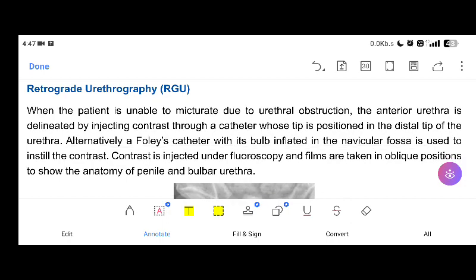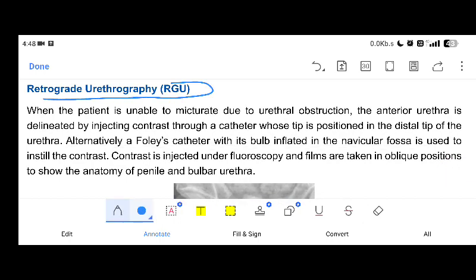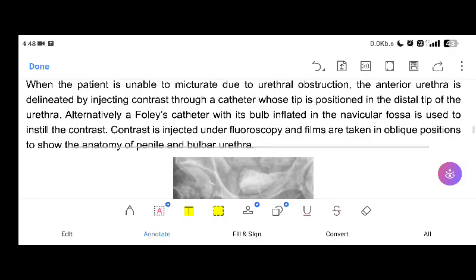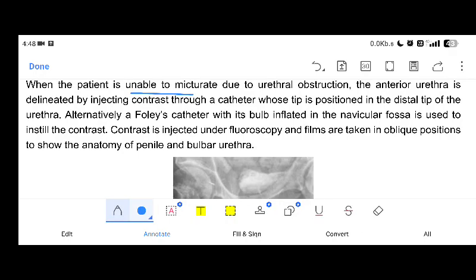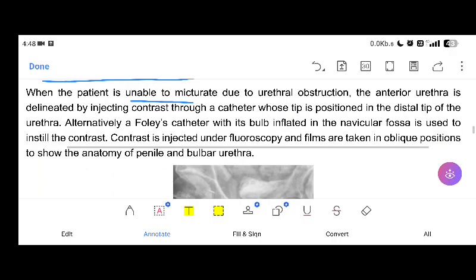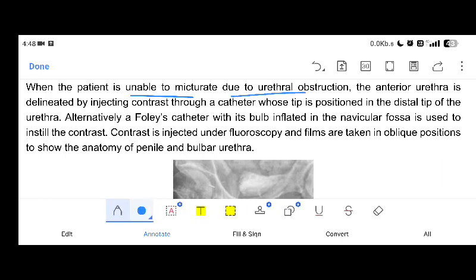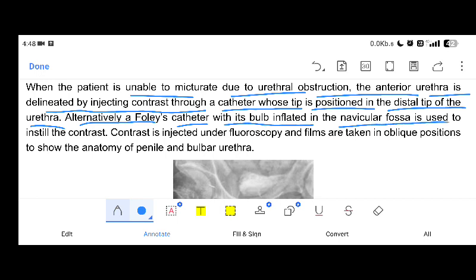And retrograde urethrography, RGU. When the patient is unable to micturate due to urethral obstruction, the anterior urethra is delineated and contrast is injected through a catheter whose tip is positioned in the distal urethra. Alternatively, a Foley's catheter with its bulb inflated in the navicular fossa is used to instill the contrast.